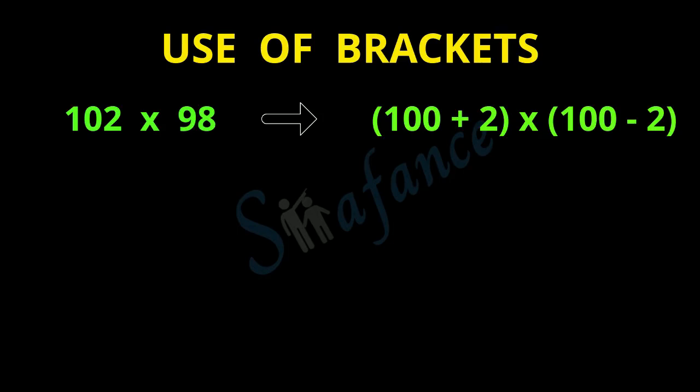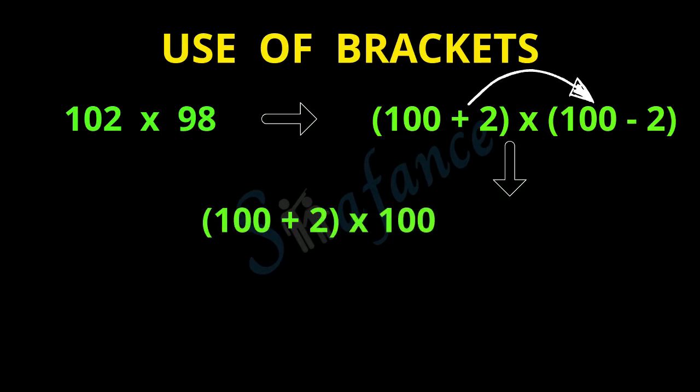Now what we'll do is we'll multiply the equation inside the first bracket, that is 100 plus 2, into the first digit of the second bracket, that is 100. So now what we get is 100 plus 2 in brackets, multiplied by 100. And then there is a minus sign after 100.